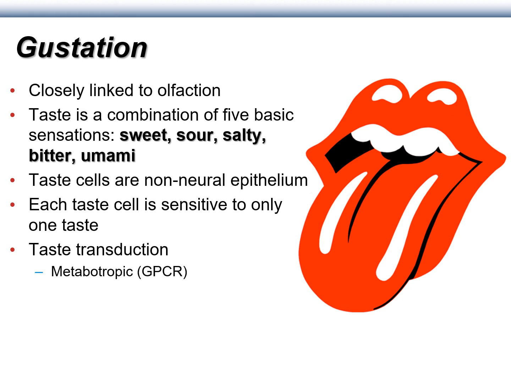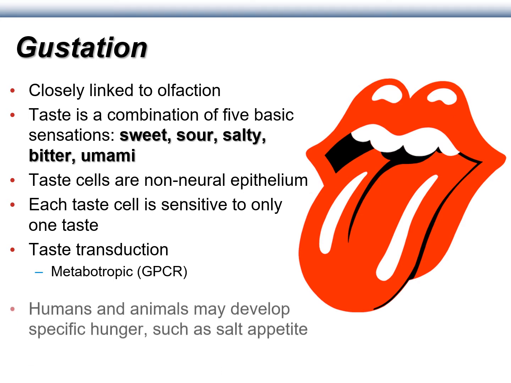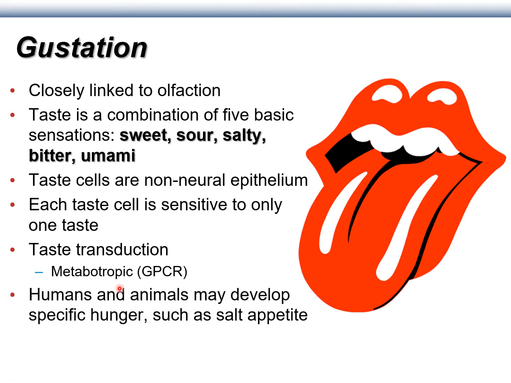But in any case, the things to remember about taste are the different types of tastes. They are non-neural. They're metabotropic, just like smell, just like vision. You can develop specific appetites to these things. These things tend to drive complex behaviors and psychologies, cravings, those sorts of things.